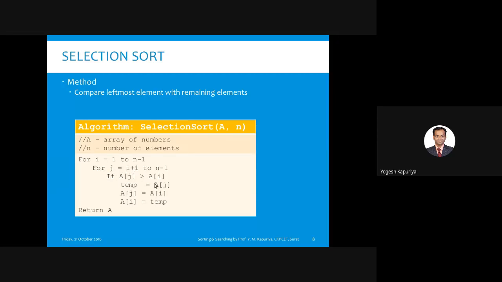Every time whenever you are doing comparisons, what you are checking? The right element, that is a of j. If it is greater than the left element, that is a of i, then you are doing the swapping. Is this correct? Or let me ask you, this is which type of sorting we are doing, ascending or descending? Anyone?